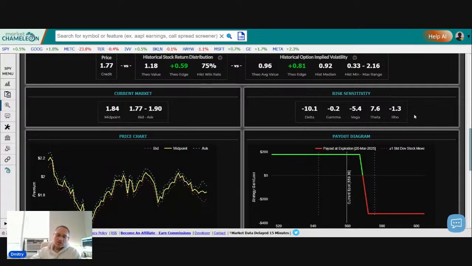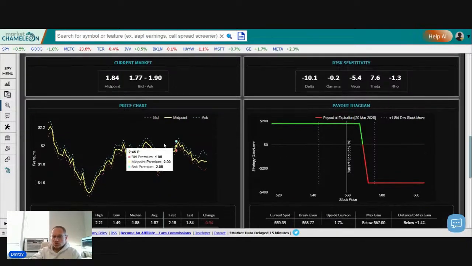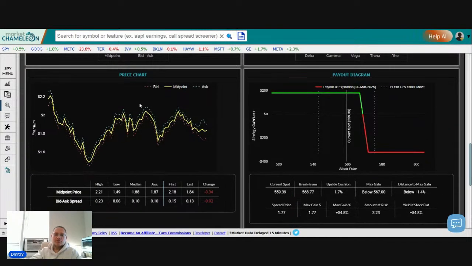Okay. The next one gives us quickly a price chart of this spread, and we could see the price based on the bids and offers, because the bids and offers are changing as the market is moving, and that allows us to know what the market was valuing the spread at.